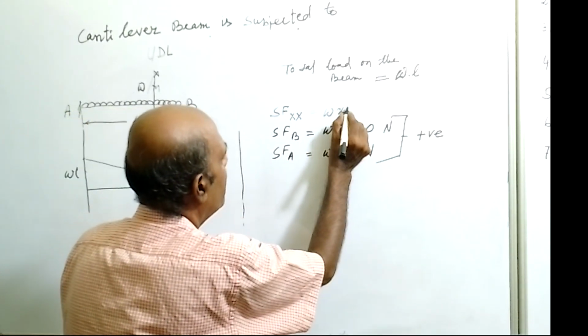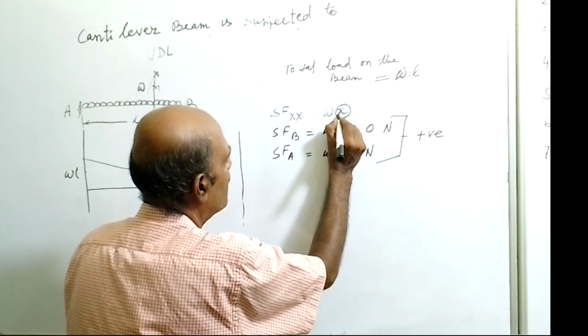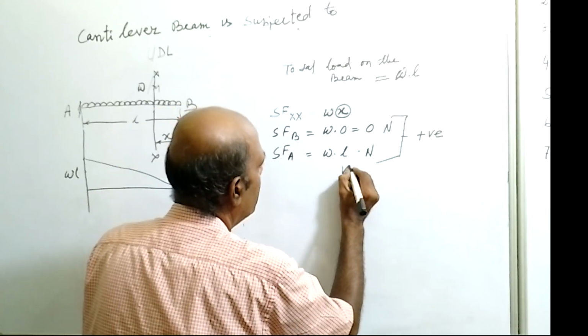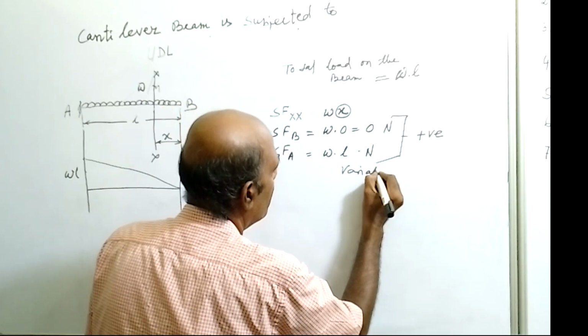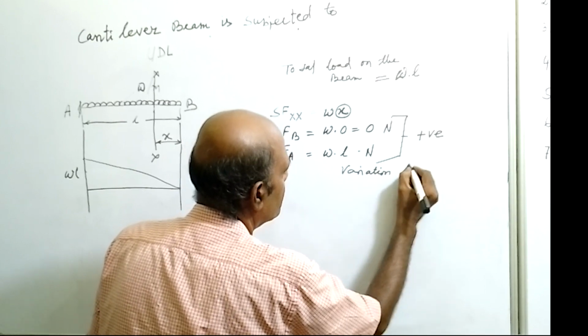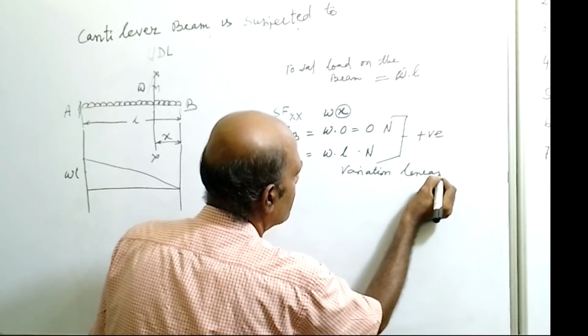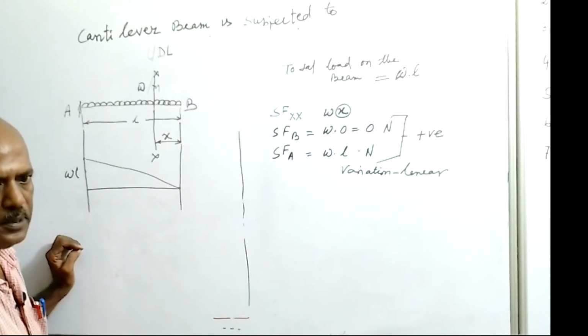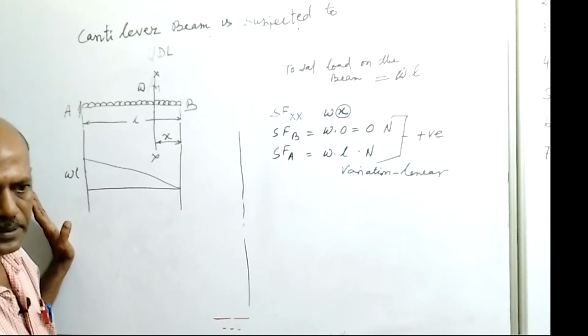You can see the shear force varies with x value, so that means the variation is linear. So it will be given by a straight line.